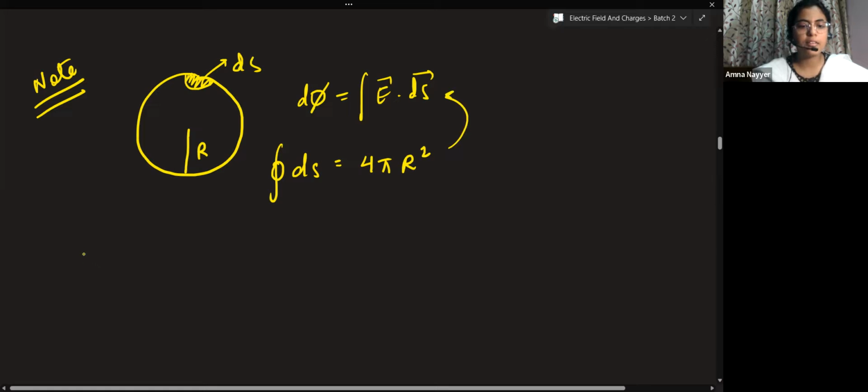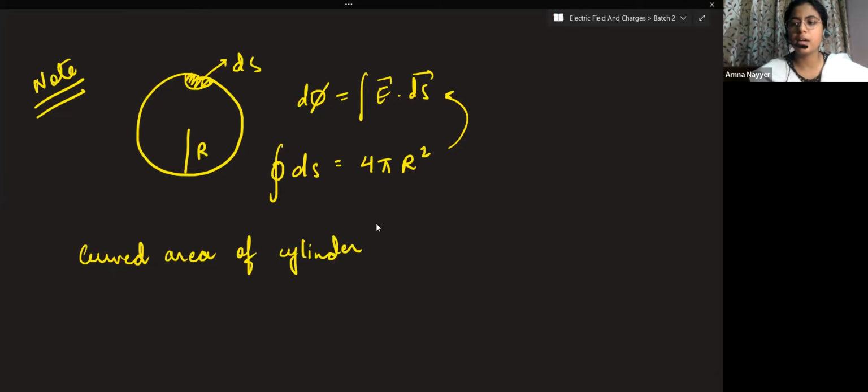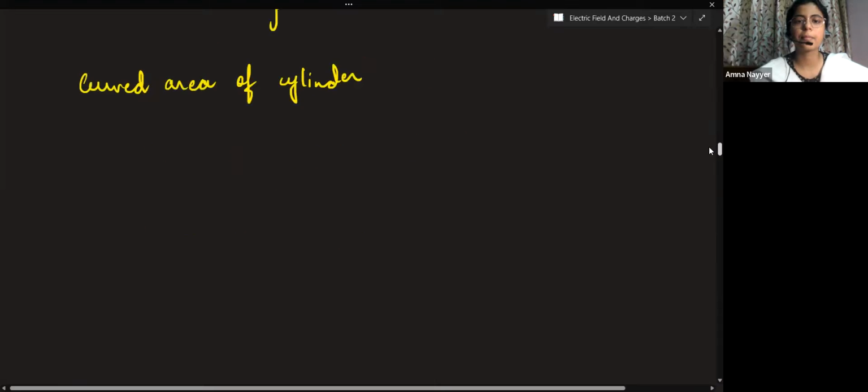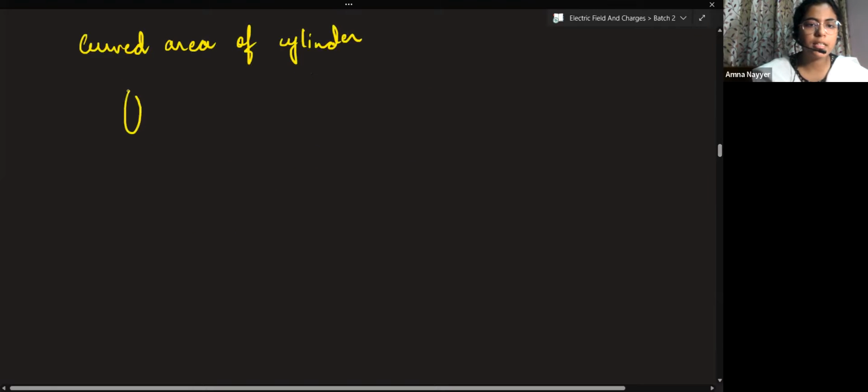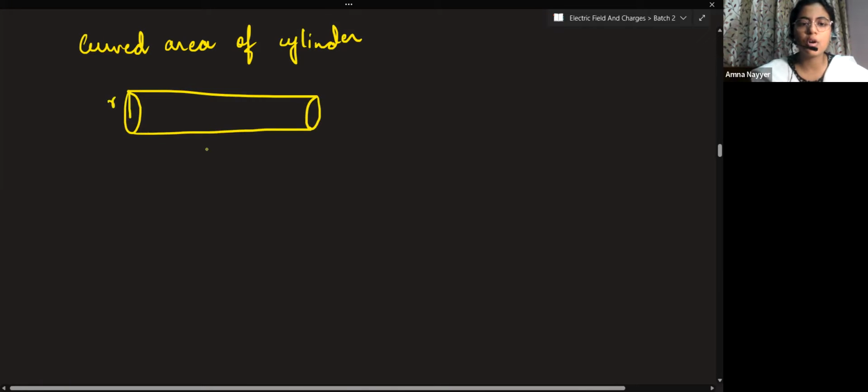Or if you have the curved surface area of a cylinder, it has two flat surfaces with a curved surface in between. The radius of this is small r and the length of the cylinder is small l.